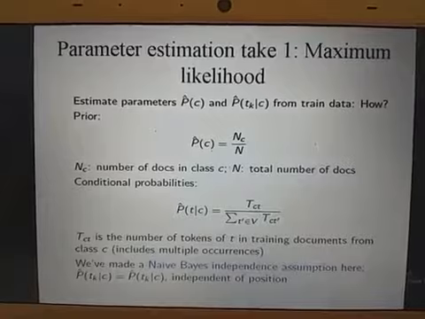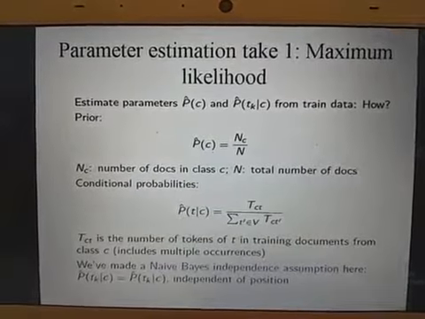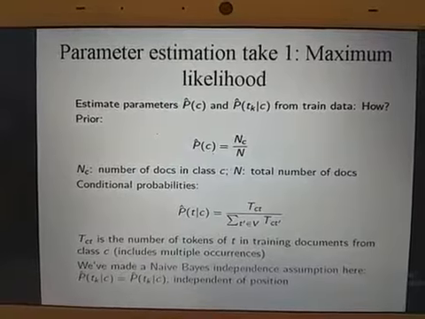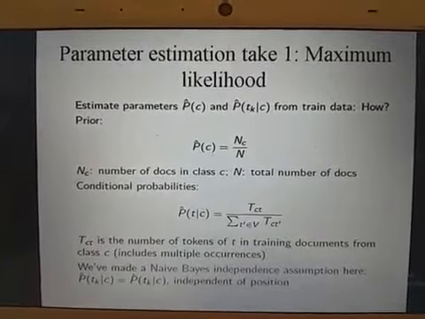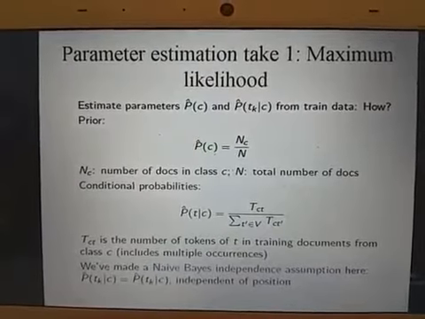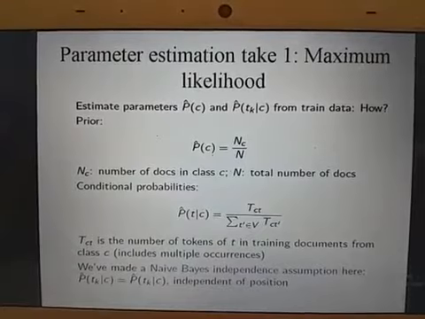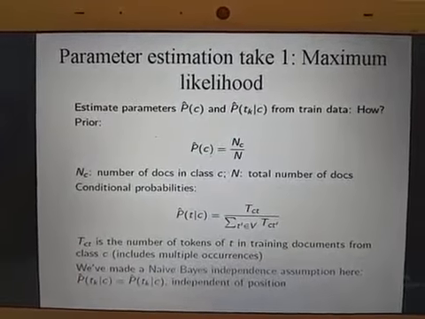C is a class and Nc is the number of documents present within that class. In that class we find the total number of tokens present, so that is Tct. Here we have made the Naive Bayes independence assumption, that is P of Tk given C equals P of Tk given C, which is independent of positions.